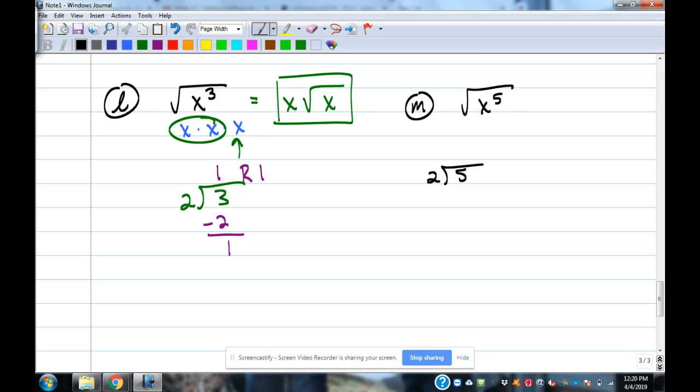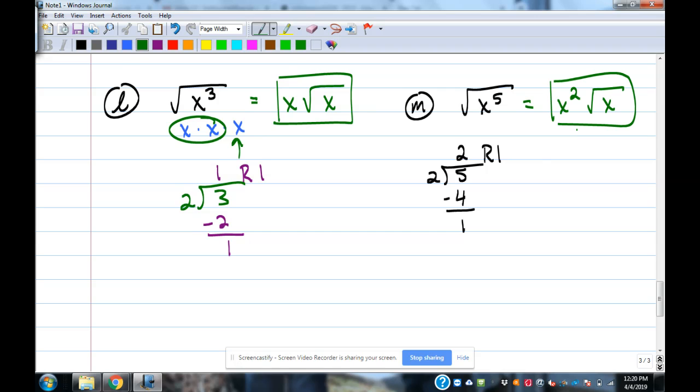How many times does 2 go into 5? 2 goes into 5 2 times. And we're subtracting 4. There's 1 left. So there's a remainder of 1. So that would be x squared on the outside with 1 x left on the inside.